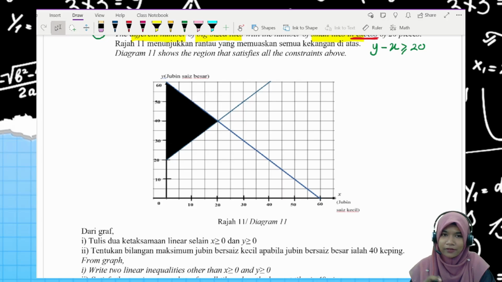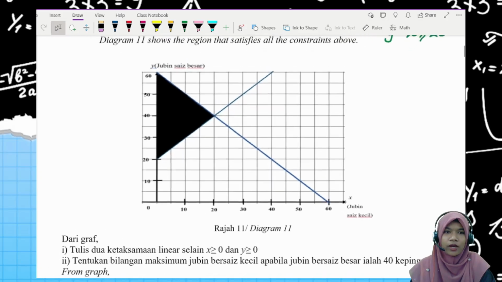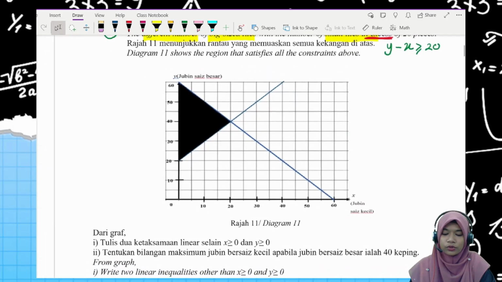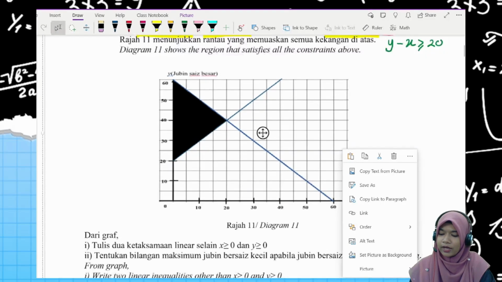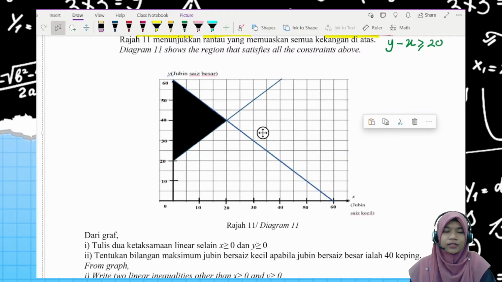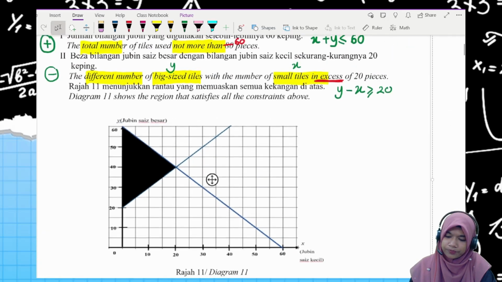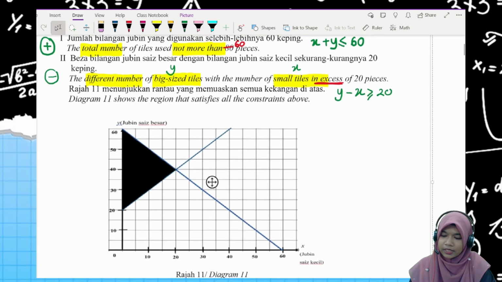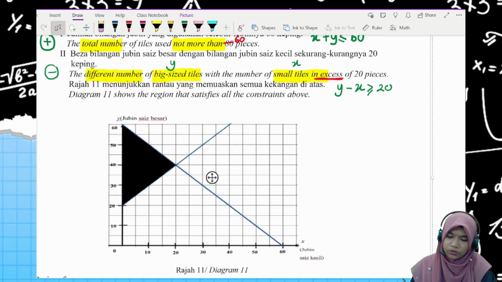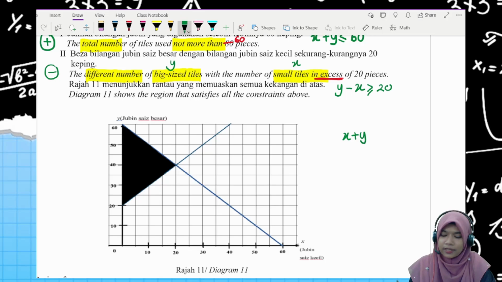Based on this diagram, you have two straight lines, which means you have two linear inequalities. So based on the inequalities that we have constructed just now, you write back X plus Y less than or equal to 60.